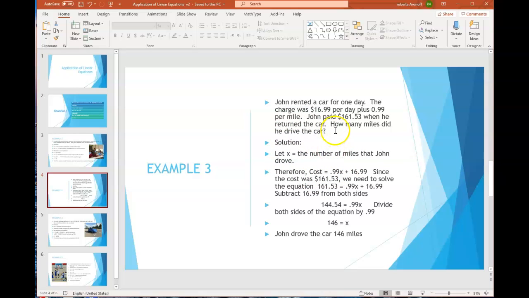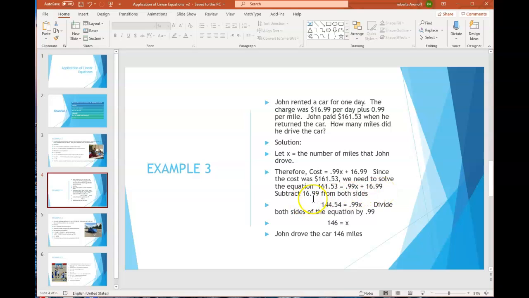So the cost, the $161.53 that he paid, is equal to the 99 cents times the number of miles he drove, plus the $16.99, which is the fixed cost. Since the cost was $161.53, we need to solve the equation 161 and 53 hundredths is equal to 99 hundredths times x plus 16.99.